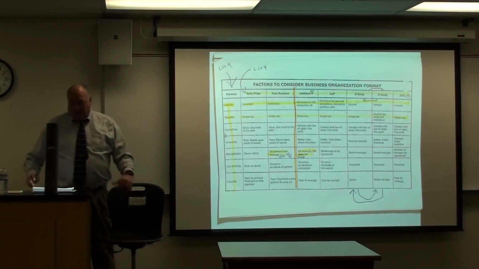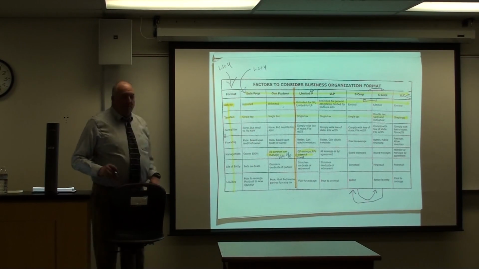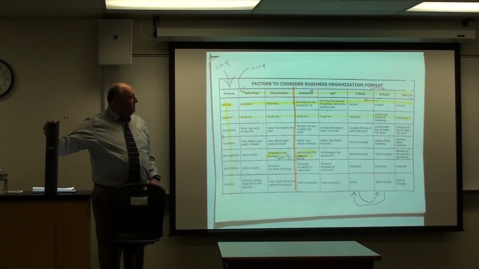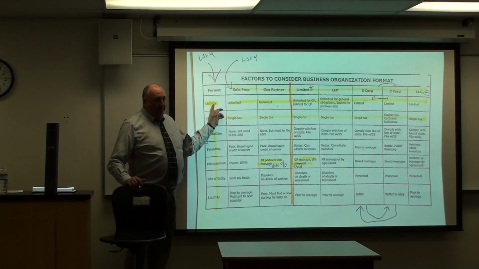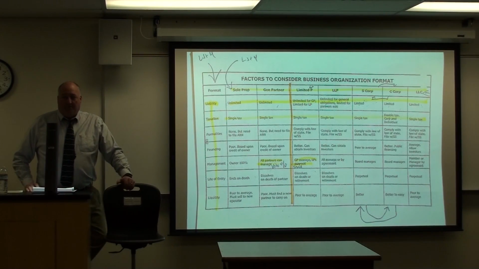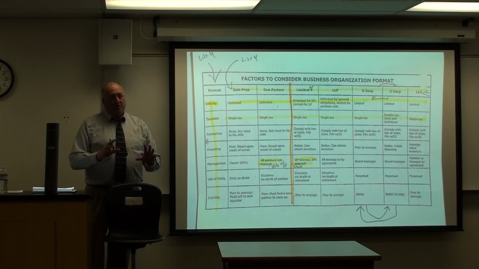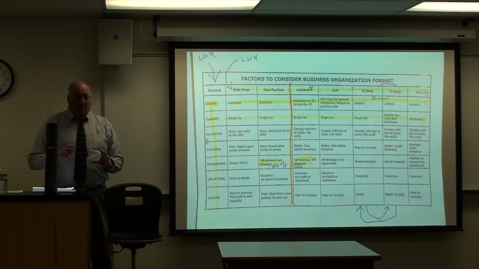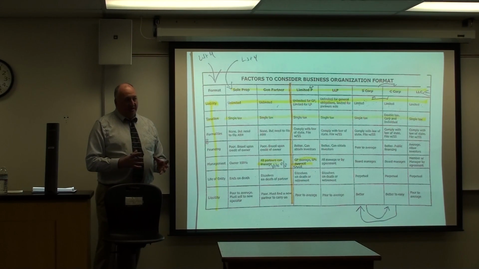All right, so let's begin at the top, and let's talk about the first factor that you analyze when you're deciding which of these structures you want to choose. So the first issue is liability protection. When I talk about liability protection, what we're talking about is whether or not there is a shield created by the business structure that will help to shield claims against the owners of the business, to shield their personal assets.